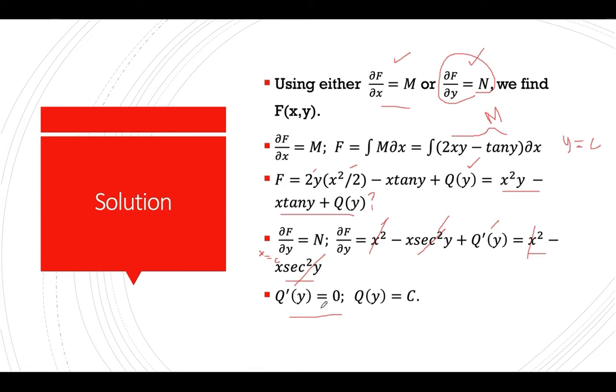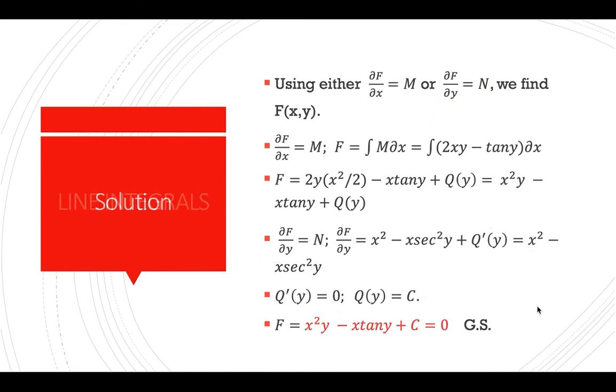And to get q of y, we integrate 0, which will be a constant. And therefore if q of y will be 0, then your f is just x squared minus x tangent y plus constant. So this will be your general solution.